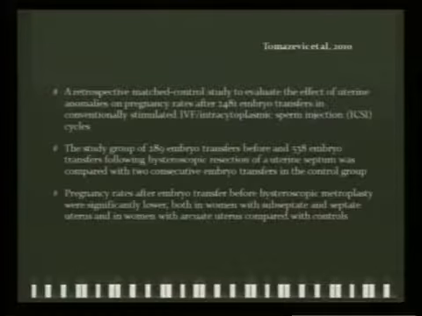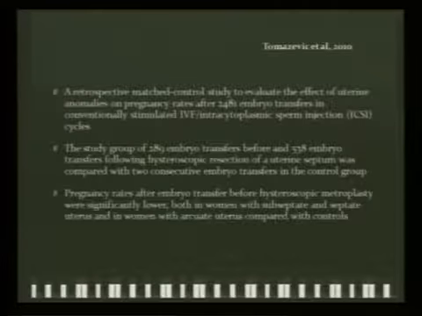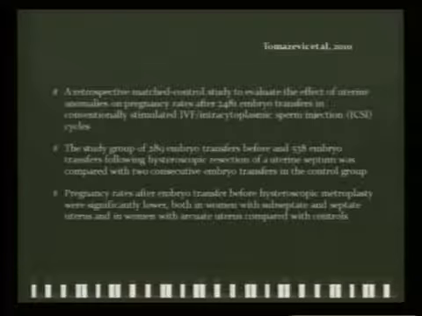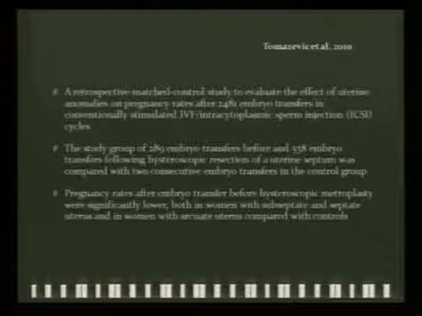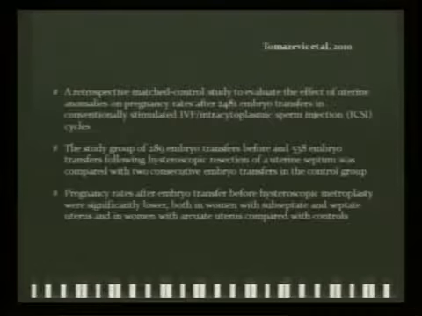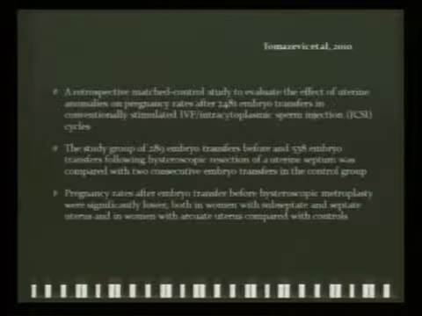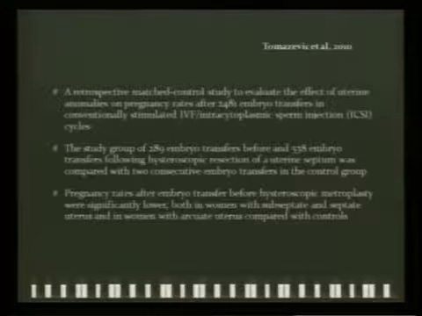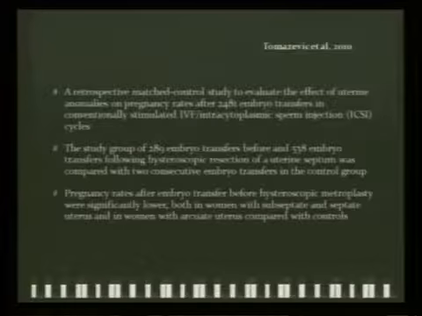There is a very good retrospective study from 2010, Tomasevic et al., a retrospective matched control study of 2,481 embryo transfers in conventionally stimulated IVF ICSI cycles. The study group had 289 embryo transfers before and 538 embryo transfers following the hysteroscopic resection. Pregnancy rates after embryo transfer before hysteroscopic metroplasty were significantly lower, both in women with septate and subseptate uterus, and in women with arcuate uterus compared with controls.